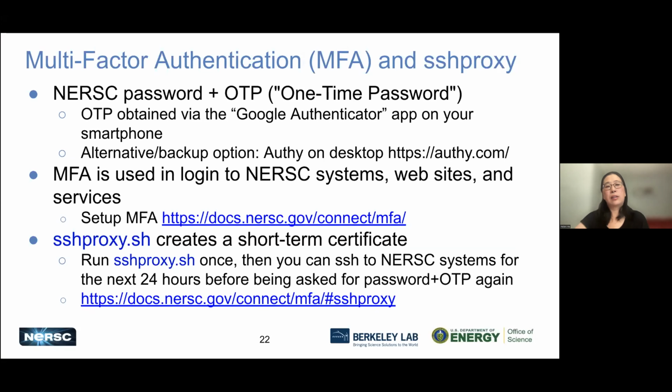You can obtain OTP via a Google Authenticator app or Oathtool on desktop. Either way, it's fine. The documentation is here, MFA. If you're here today and have an account, you may already have tried this and logged in. If not yet, please do apply for a training account today.